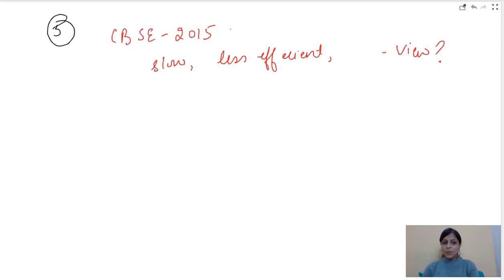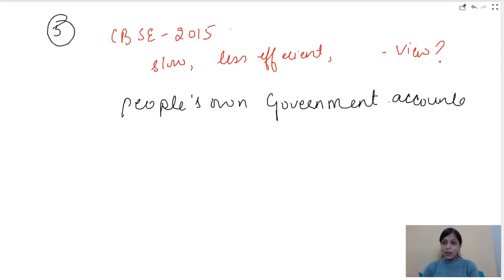Okay, so the answer should be, see, there is some grain of truth in it. Of course, every statement is not true in itself, but we must always realize that democratic government is people's own government. Please underline this. It is people's own government, which is accountable to the people, who have the right to criticize the government.